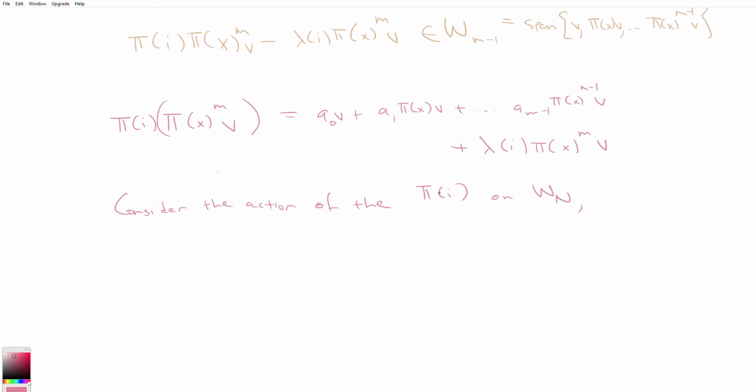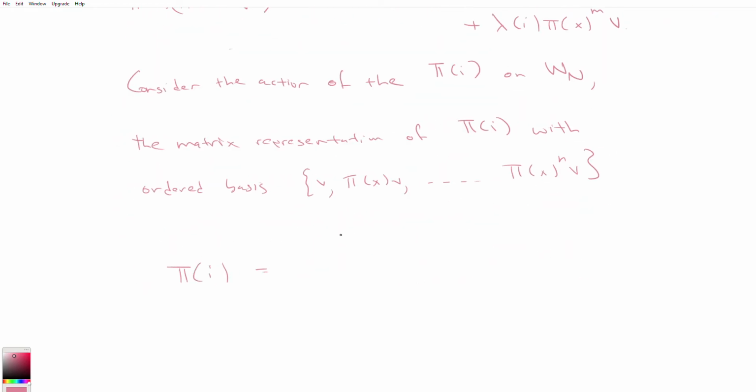If we consider the action of π(I) on W_n, looking at the action on each of the basis vectors π(x)^m v, which are the basis vectors for W_n, what we end up seeing is that the matrix representation of π(I) with ordered basis v, π(x) v, all the way up to π(x)^n v, looks like this: λ(I) whatever, dot dot dot whatever. It just has λ(I)'s along the diagonal and has zeros below.